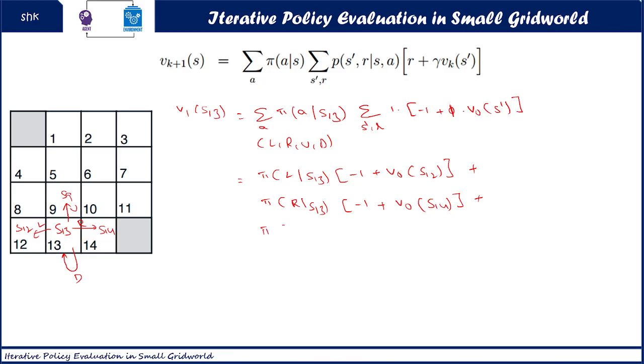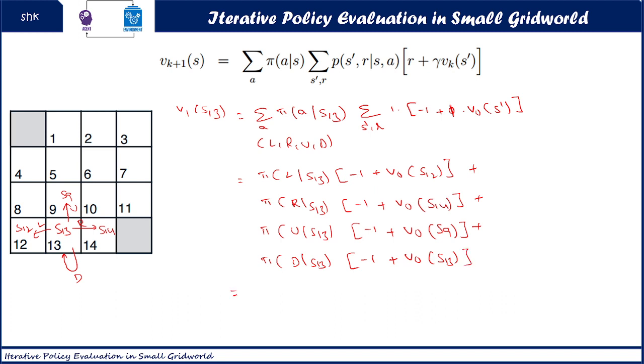Plus the probability of up action from S13 state, minus 1 reward plus V naught of S9, since when you take up action the next state is S9. Plus the probability of down action from S13 into minus 1 as the reward plus V naught of S13, since when we take the down action, we fall into the same state, that is S13.